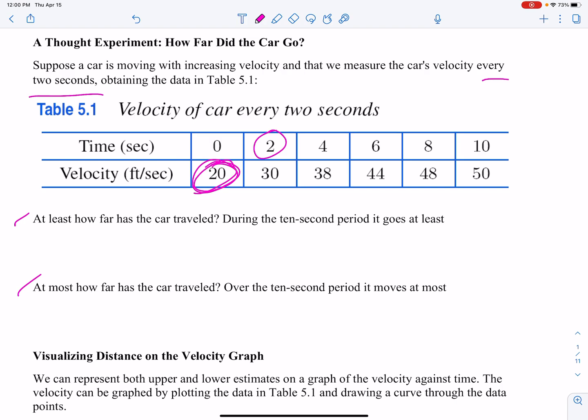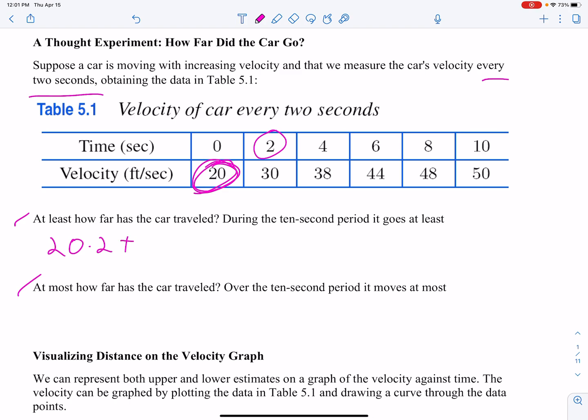We're just going to keep doing it like that. We're going to multiply these numbers, then add them together. Actually, technically not the 4, 6, and 8, but it's every 2 seconds, so it'll be times 2 for each one. So here we do 20 times 2, for the first 2 seconds, the car went 20 feet per second.